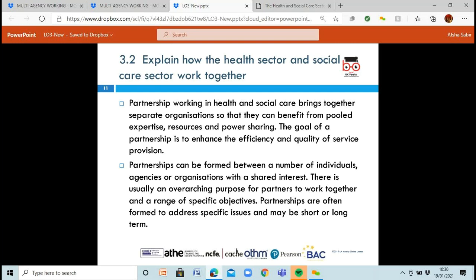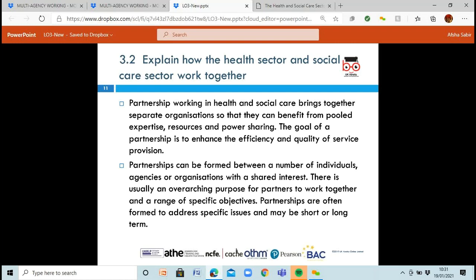Health and social care bring separate organizations together, and they share their expertise, their resources, and power sharing. Partnership working can be formed between individuals, agencies, or organizations who all have a shared interest in a particular topic. These partnerships normally come about because of a specific objective.